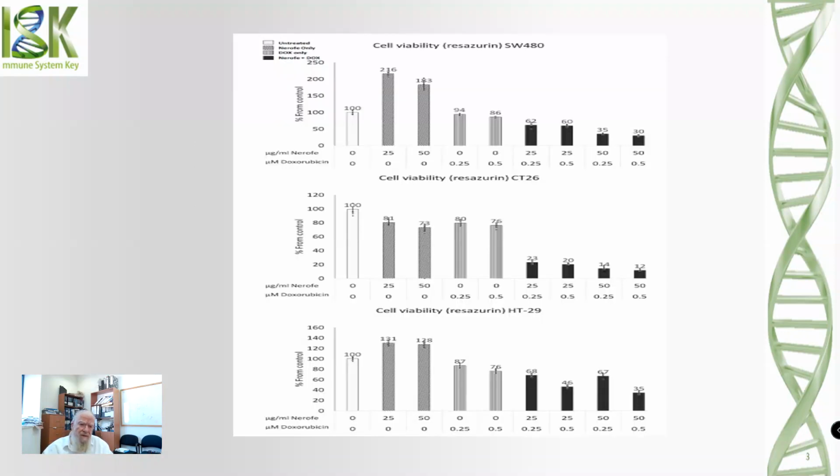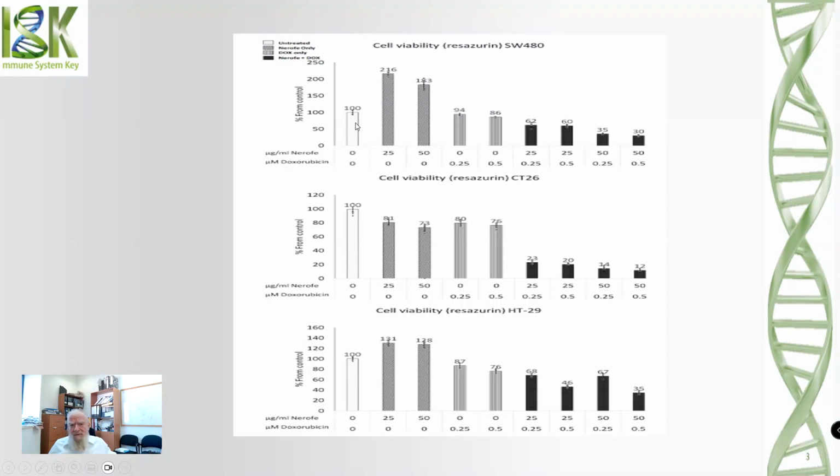When we looked at cell viability, we concentrated on 3 cell lines, 2 human cell lines and 1 murine cell line. The human cell lines are all metastatic colorectal cancer transformed by KRAS. As you can see, here are the results of applying Nerofe plus doxorubicin to human SW480, again a metastatic colorectal cell line.